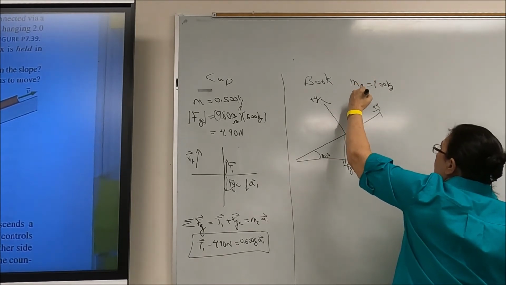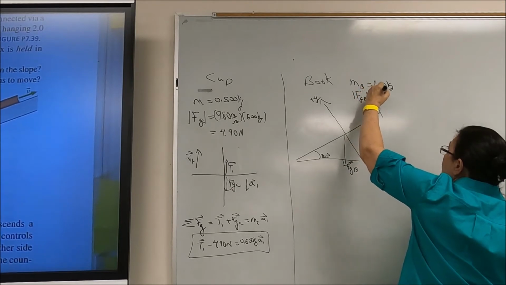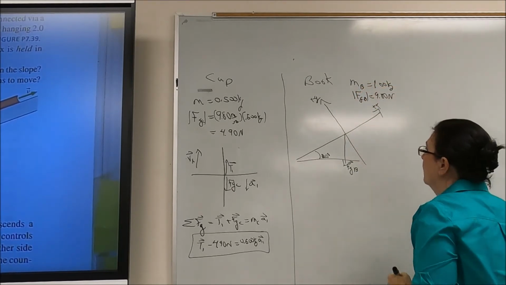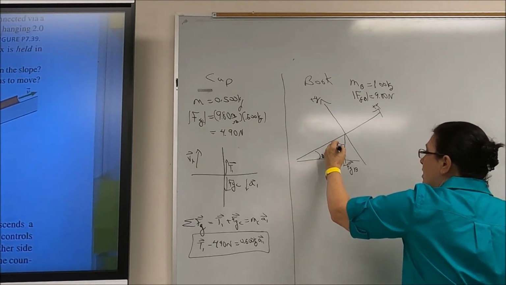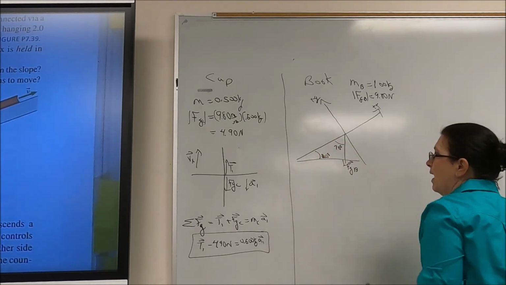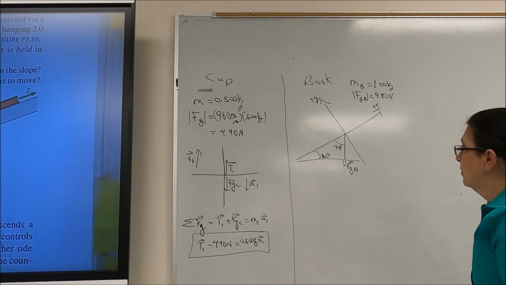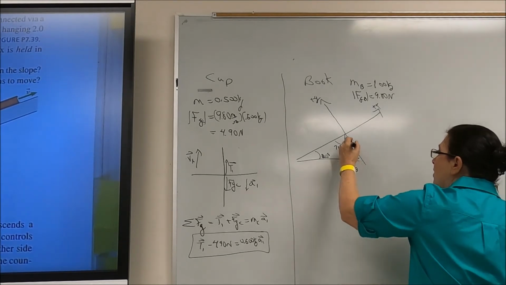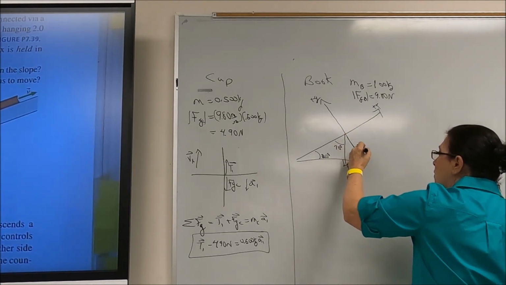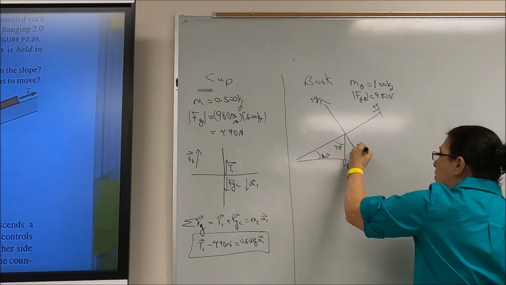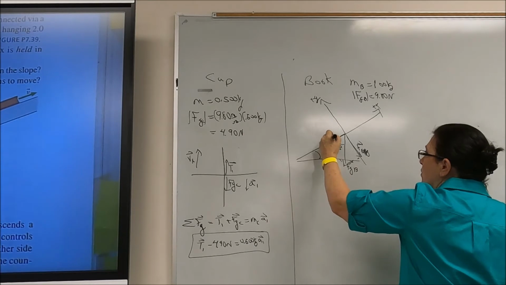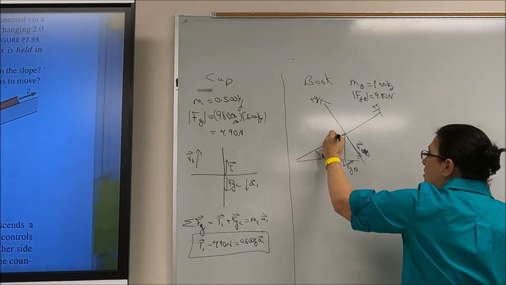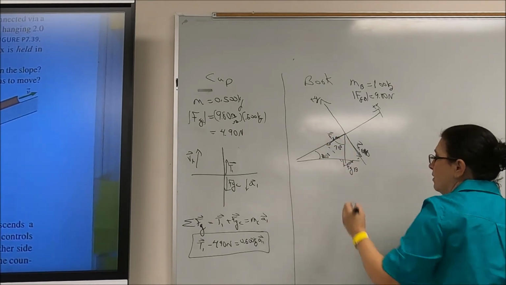So the magnitude of the force due to gravity of the book is 9.80 newtons. Now, if that's a 20-degree angle, this is a 70-degree angle. Okay, the force due to gravity of the book is the force due to gravity book y component and force due to gravity book x component.